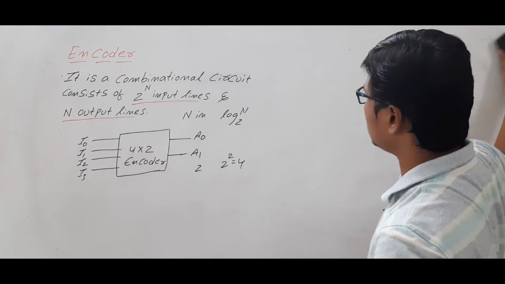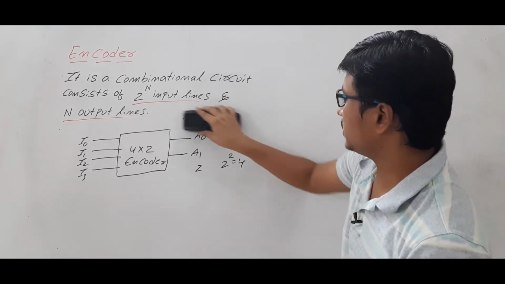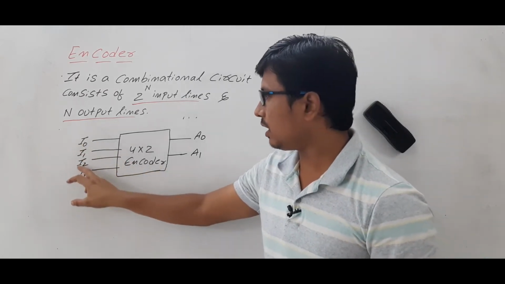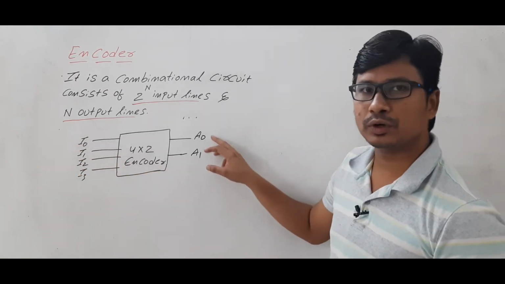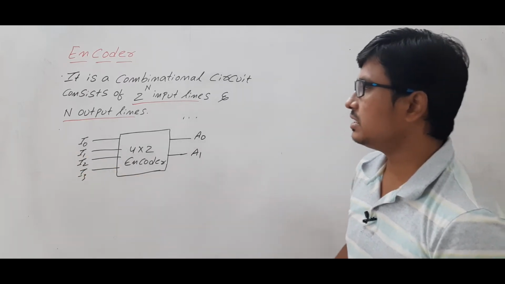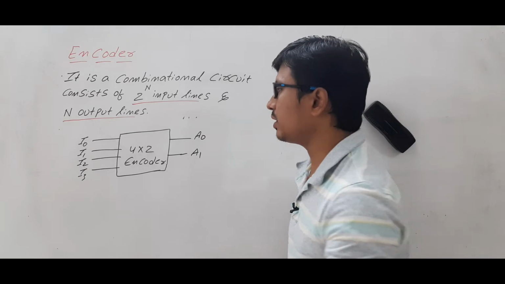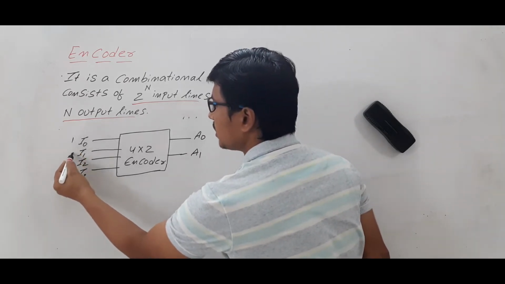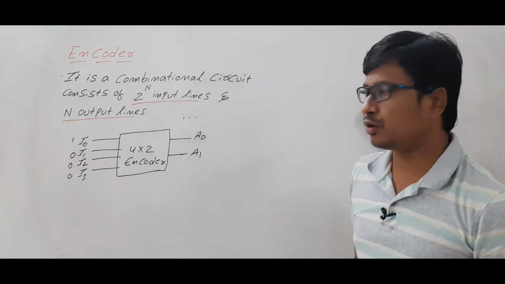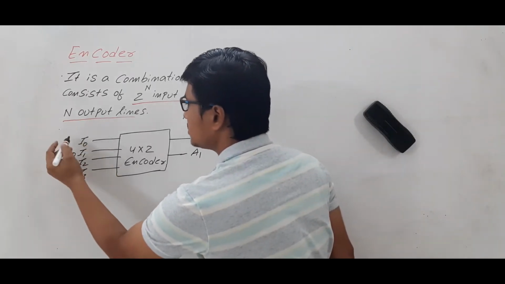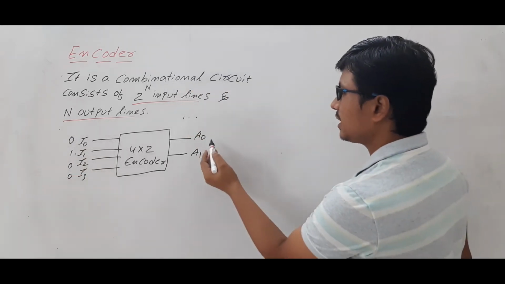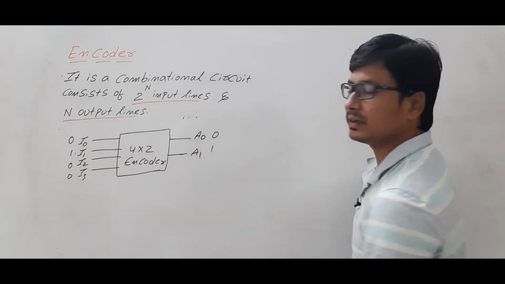Now, what is the meaning of this? Whenever I0 is 1 and all others are 0, you will get an output of 0, 0. Similarly, if I1 is 1, because each input can be either 0 or 1, let's take that this is 1 and all others are 0, then you will get the output as 0, 1.